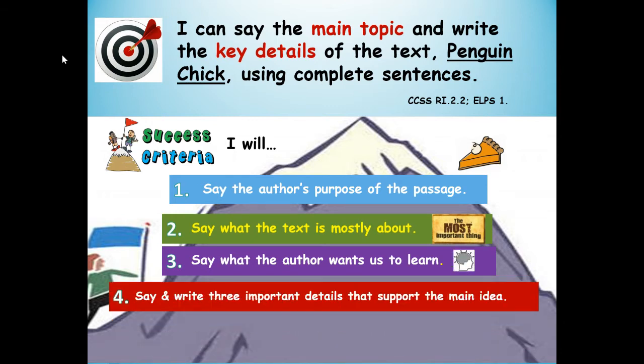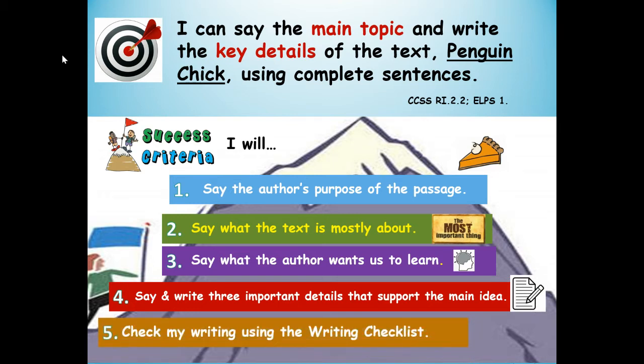And then we're going to say and write three important details in three complete sentences that support the main idea, those yellow sentences I was showing you. And then finally, I will check my writing using the writing checklist. I have a writing checklist that reminds you of what to do when you're writing.